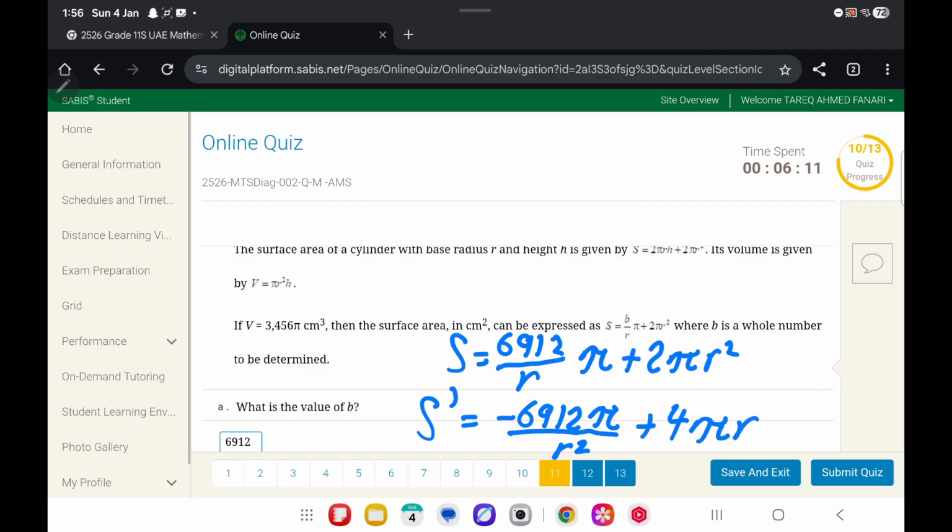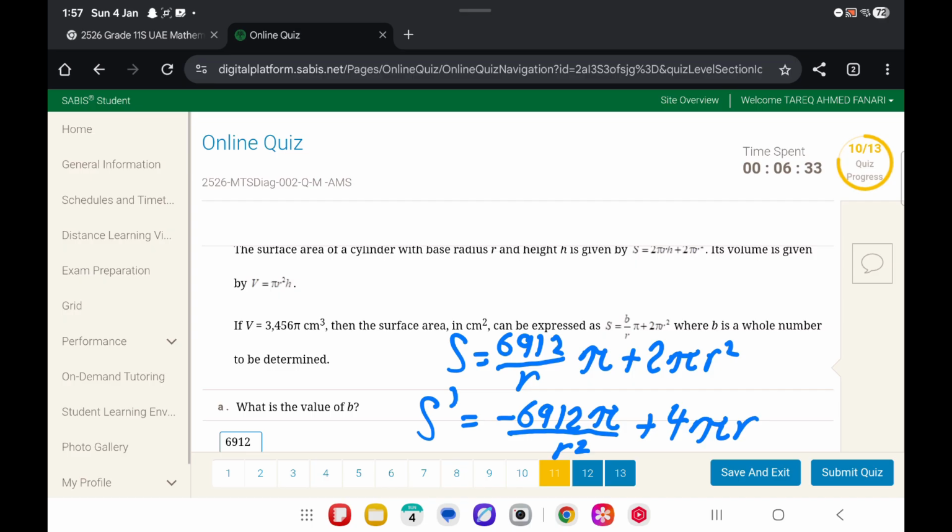Okay, now what do I do with this? I can take one to the other side and cross multiply, right? I can do a lot of things with this actually. So what do we do? So 6912 over r, let me just make sure I derived it correctly. r to the power of negative 1. Yes, okay. So I'm going to take this over to the other side.